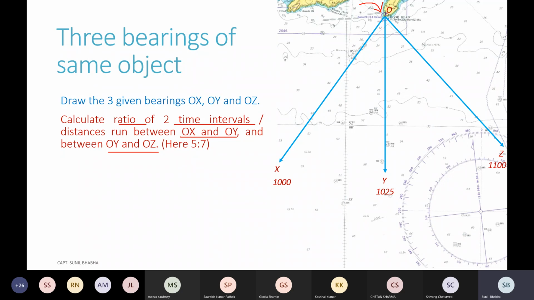In this question, the first bearing was taken at 1000, the second at 1025. So the time interval between the first and second bearing is 25 minutes. The time interval between the second and third bearing is 35 minutes. If we take a ratio between 25 and 35, we get a ratio of 5:7.